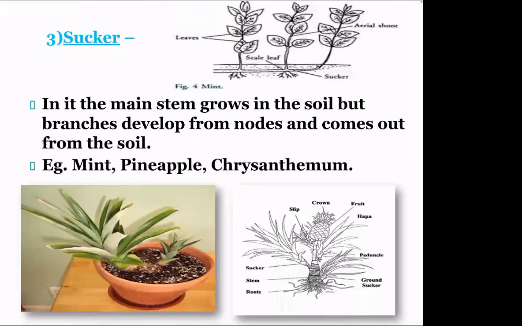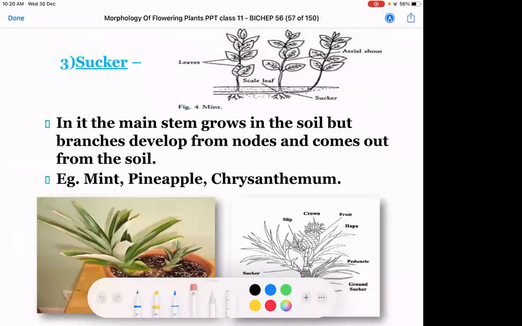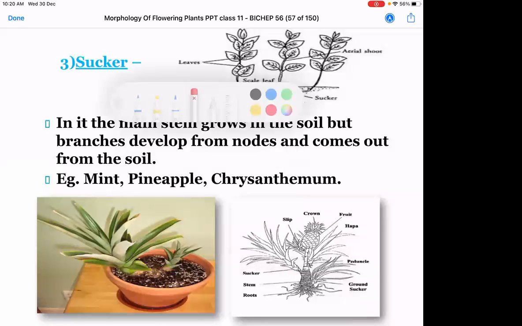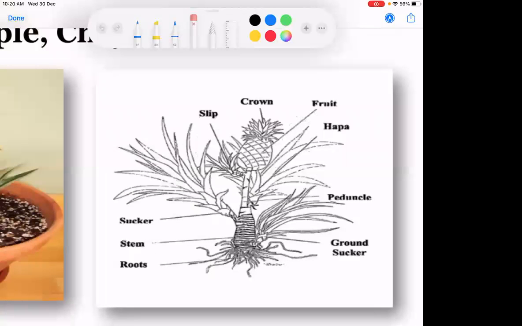Now comes the third special mechanism called sucker. Now in these, if you see the stem, what you see, for example, here. The stem is at the base.